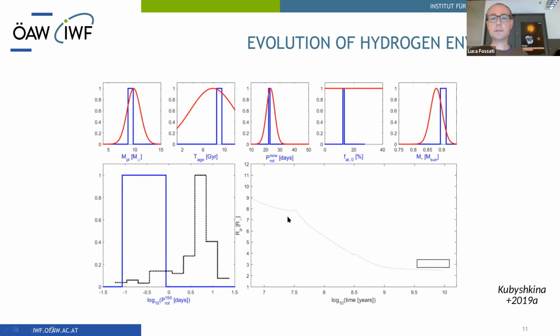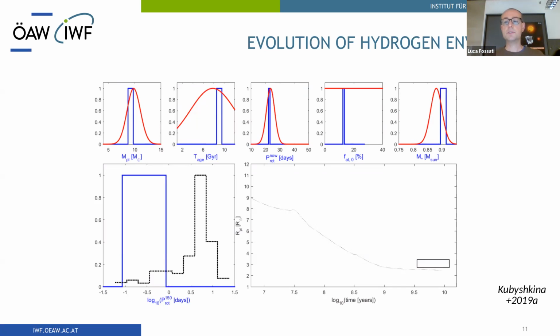And in this panel on the bottom and on the right side, you see just one line right now. This is only one evolutionary track for the planet, but then you will see many more appearing. And the little box that you see is the age of the system and the planetary radius. And these are the two things that we fit.